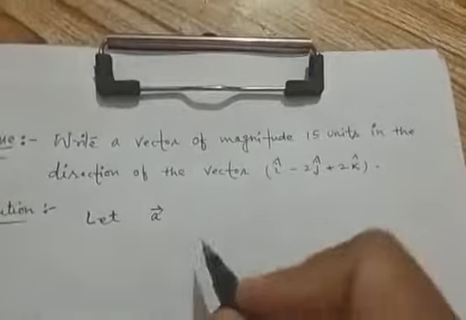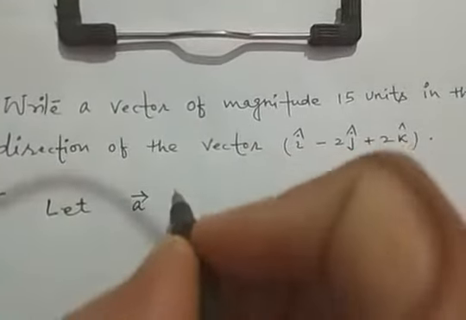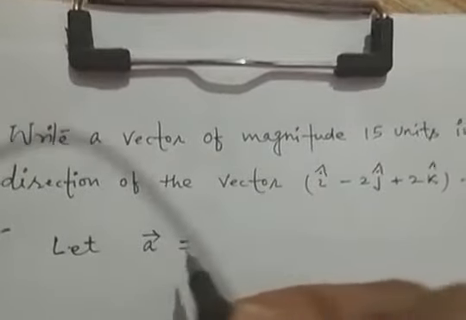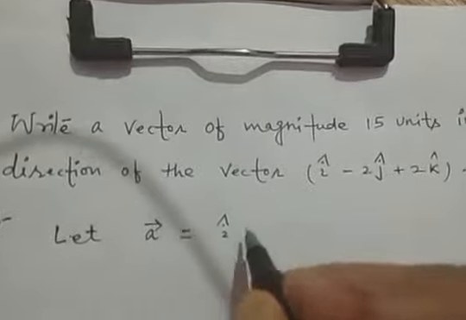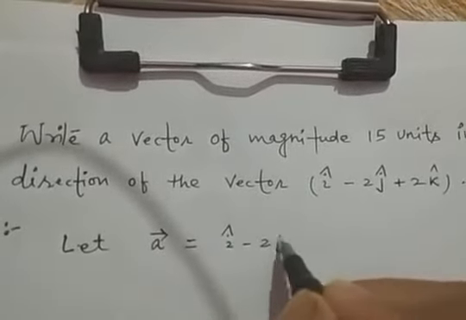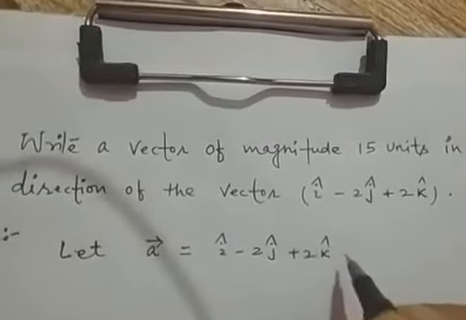Okay, so here let vector A equal to i cap minus 2j cap plus 2k cap.